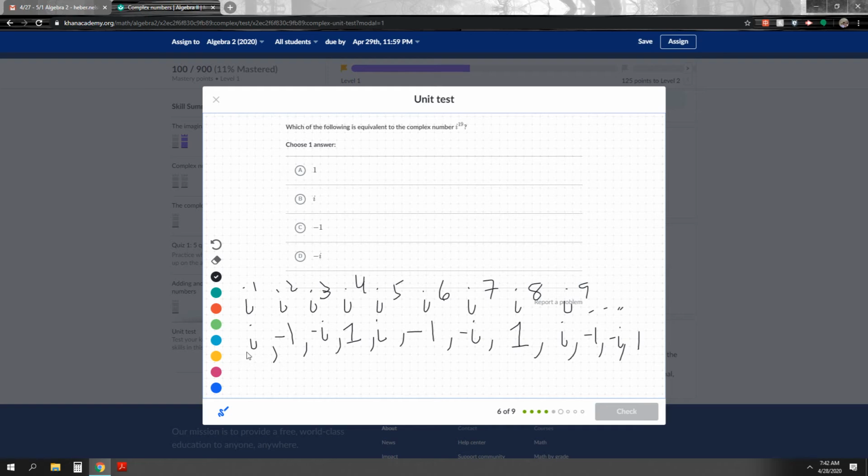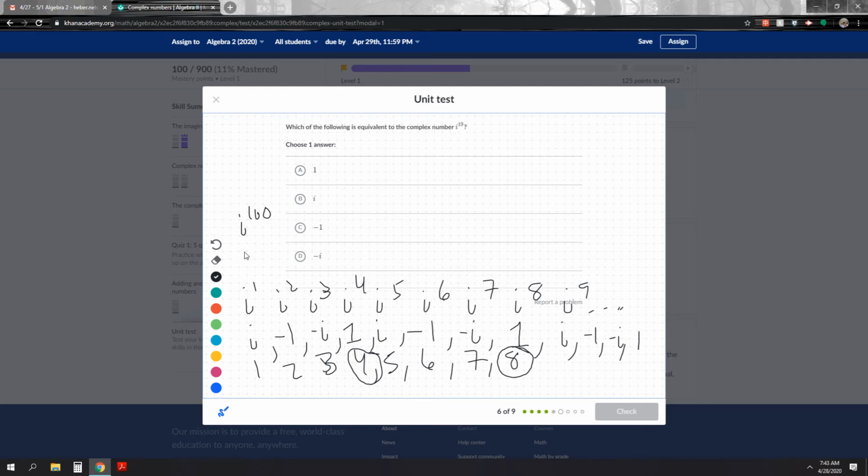And notice what these numbers are: 1, 2, 3, 4, 5, 6, 7, 8. If the exponent is divisible by 4, you're just 1, right? So i to the 100th, well, 100 is divisible by 4. That's just going to be 1.